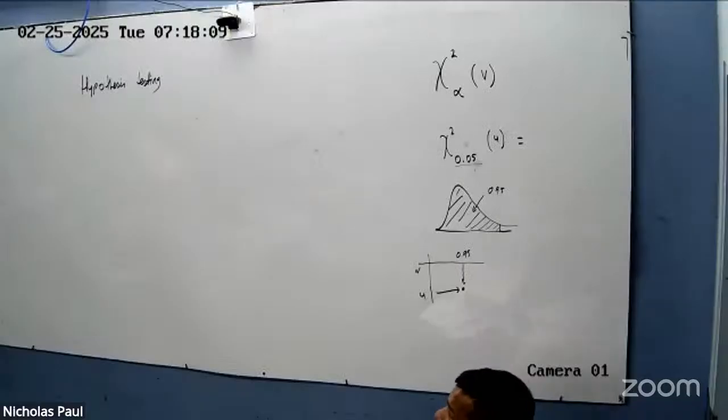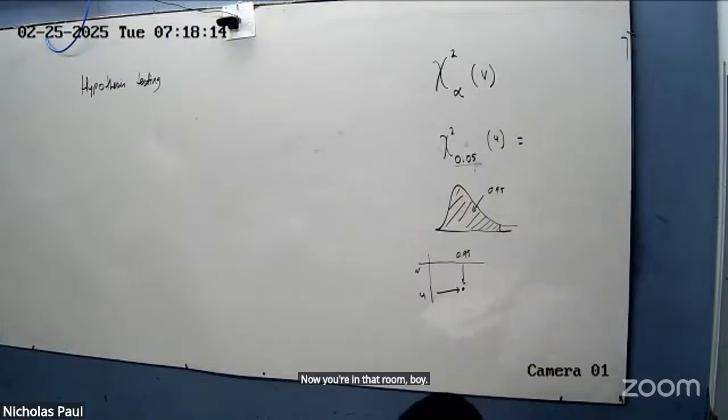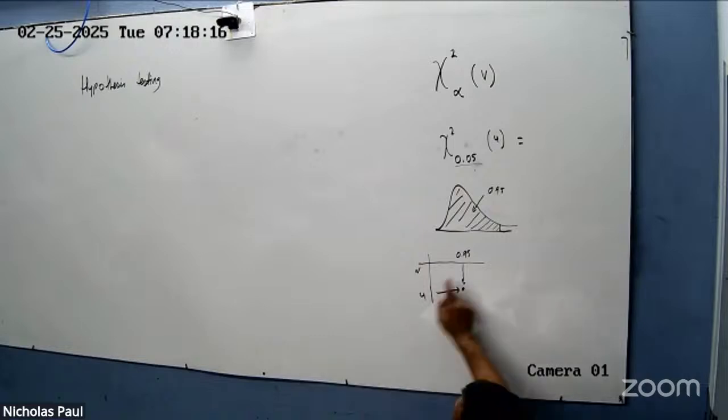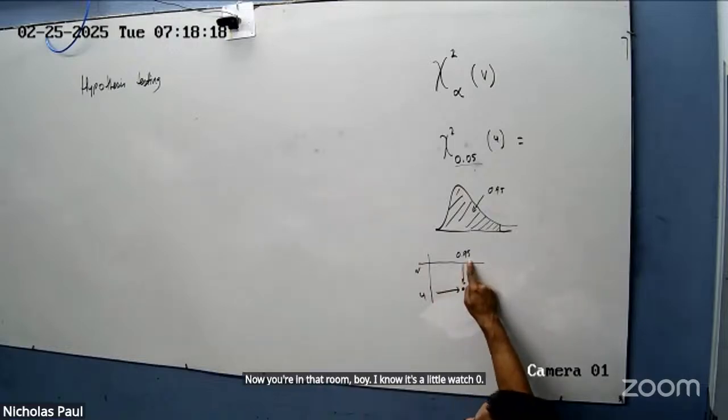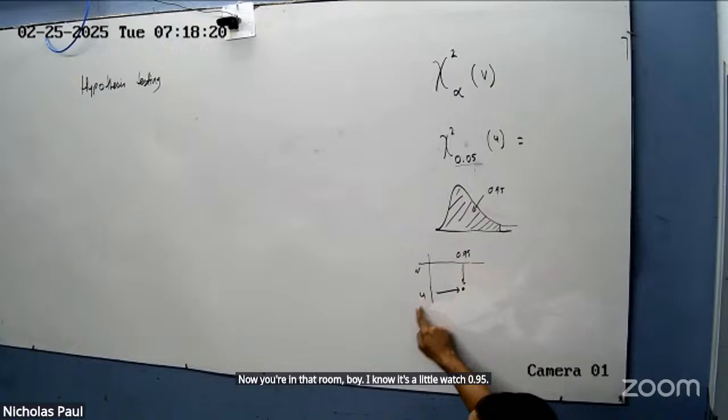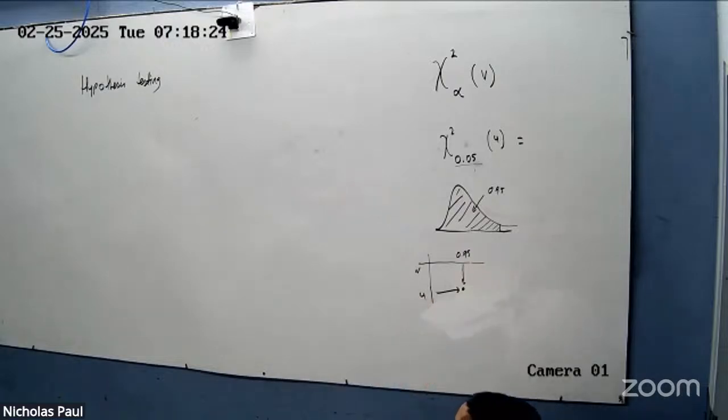Darian, that's wrong, boy. Now look at 0.95, 4 degrees of freedom. Correct, Christopher.